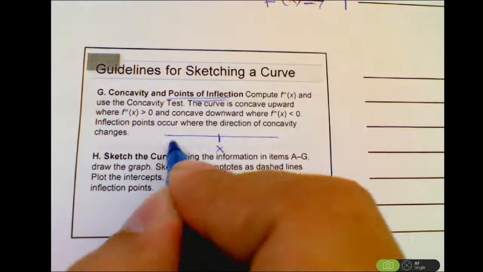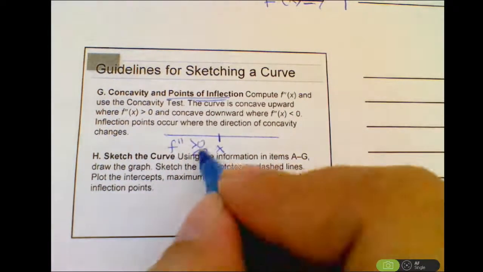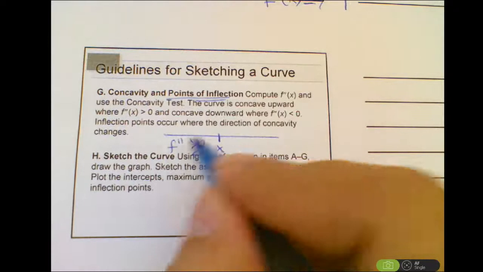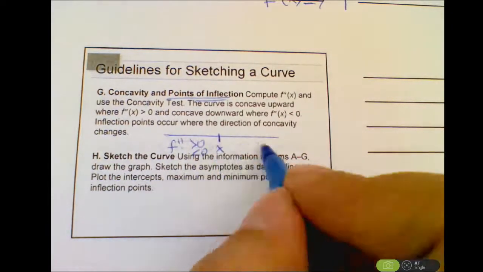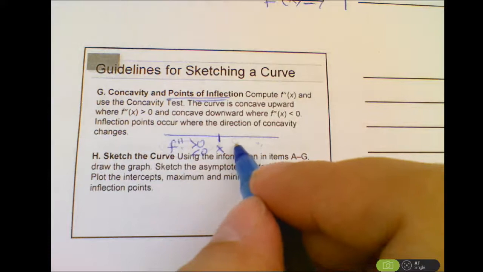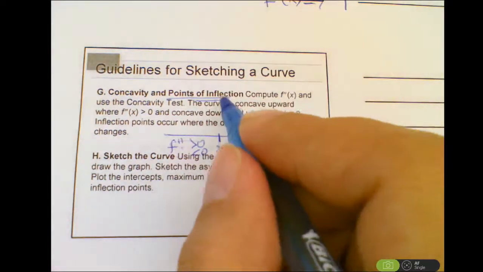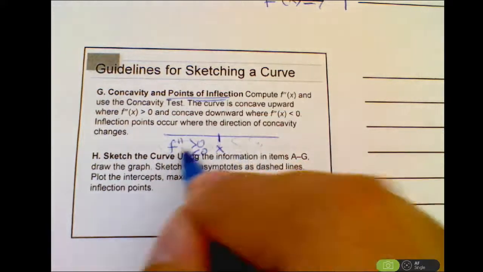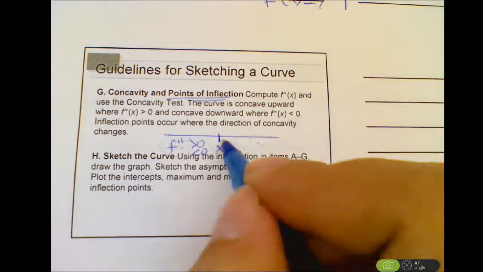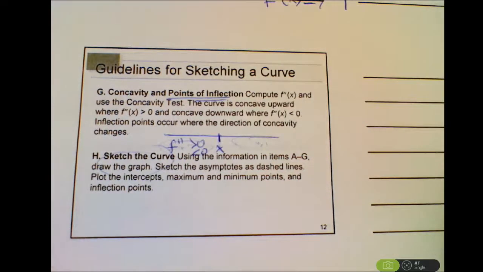You have to test whether the second derivative is positive or negative, and if the concavity changes before the critical value and after the critical value, not the critical value for the first derivative, the one that makes the second derivative 0, if it changes concavity, then you have a point of inflection. And then the last step is just to sketch the curve.